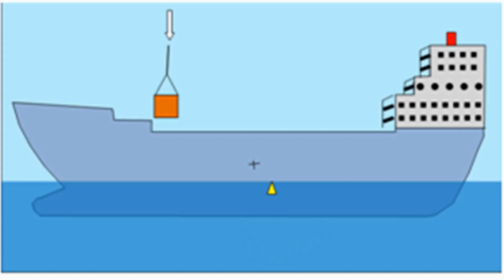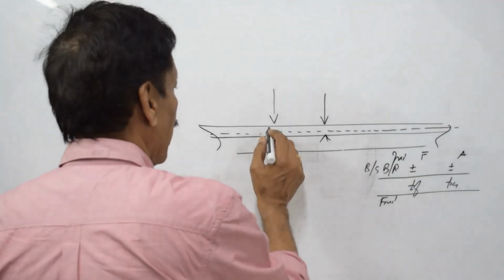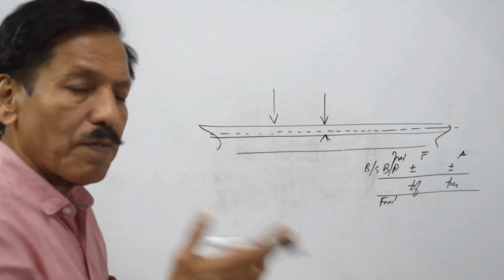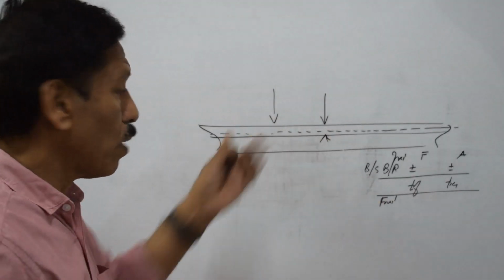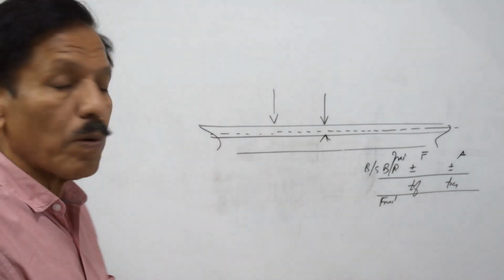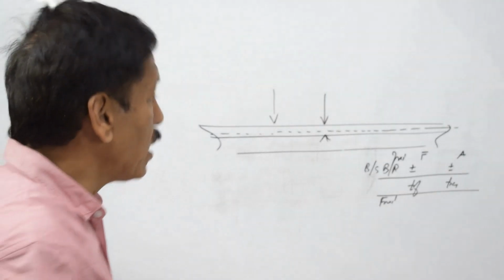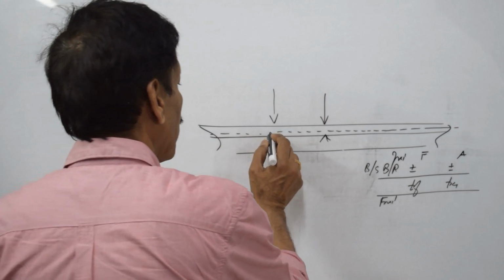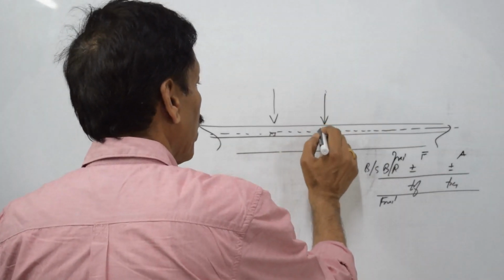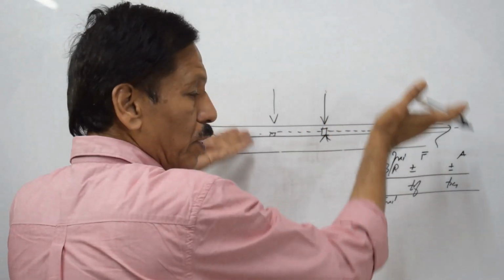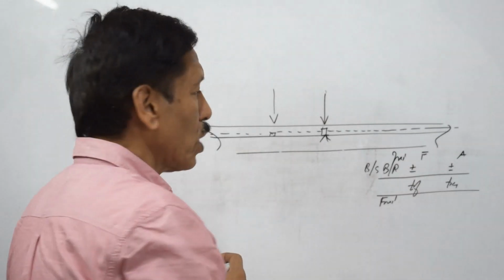In a certain question, suppose we are doing a loading in the forward part. We know that the ship's draft is going to increase and the ship is going to trim by the head because we are loading at a point forward of the center of flotation. But we can understand this loading in two steps. In the first step, we are doing the loading at center of flotation, whereby the ship bodily goes down.